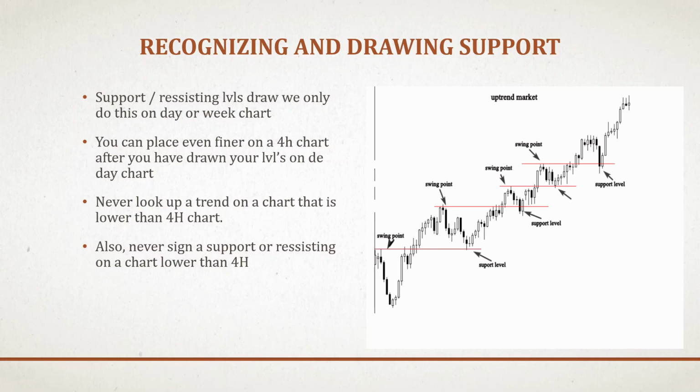That means it is not correct enough, because the market does not only exist out of an hour. It exists out of much more than an hour. So it will stop at a certain point and go through it and you will not have seen it. So make sure you never go under a 4-hour chart to draw support, resistance lines, and also trend lines. But that's normally for the next lesson.